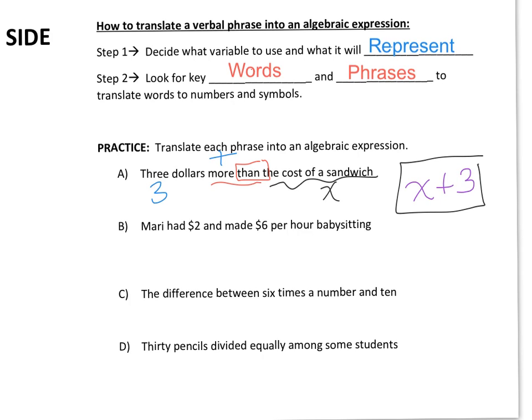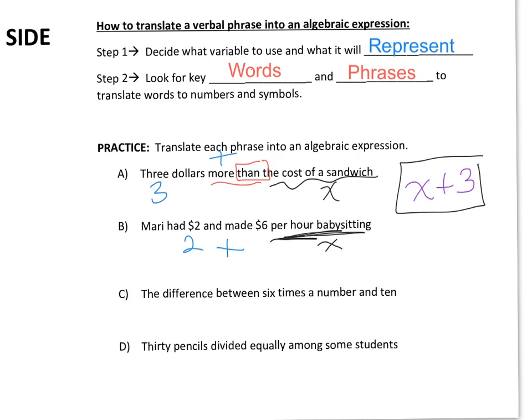In letter B, Mari had $2 and made $6 per hour babysitting. So if she already has the $2, we know that is already added to the $6 per hour. And in this case, the per hour means that you have no idea what hour she's working, so that would be the variable.